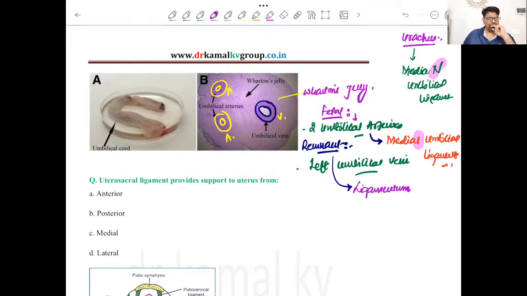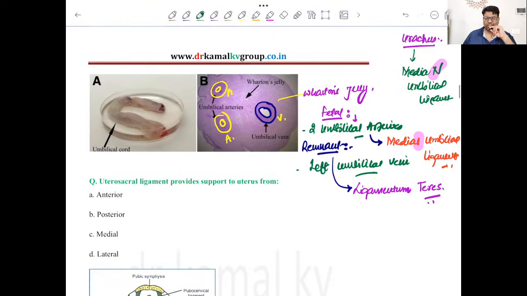Yes, Sneha, you are right. This is ligamentum teres. Yes, absolutely right, Sneha. Yes, perfect. So I think these are few points which you should remember.